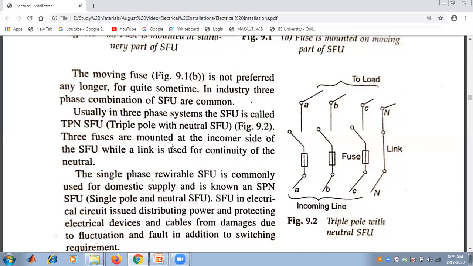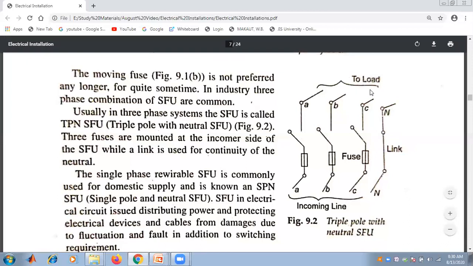Three fuses are mounted at the incomer side, the incoming line of the SFU, the three phases A, B, C, that is fuse 1, 2, and 3, while a link is used for the continuity of the neutral. N stands for neutral, and this is the load part.